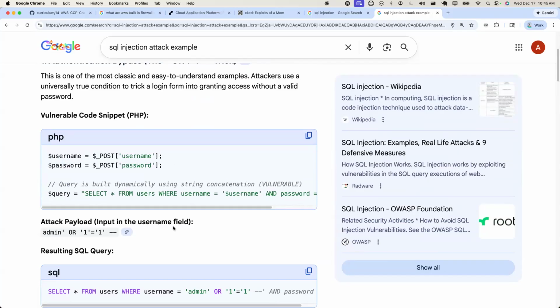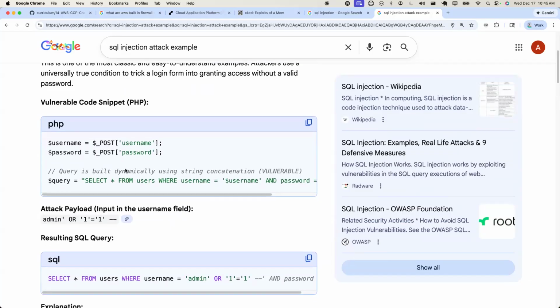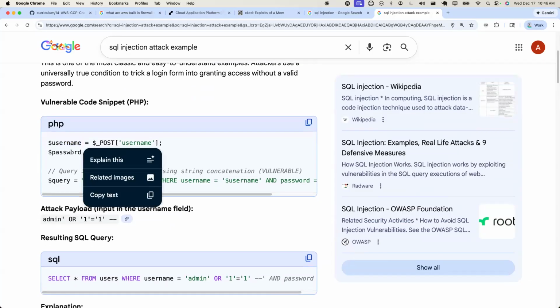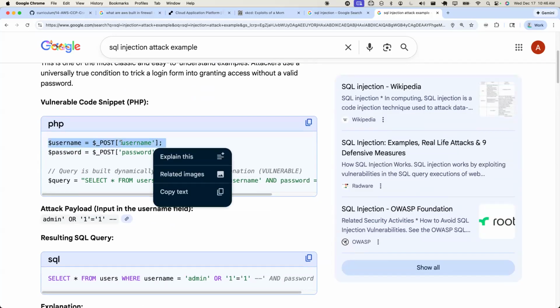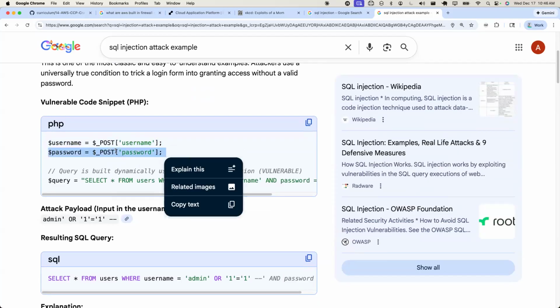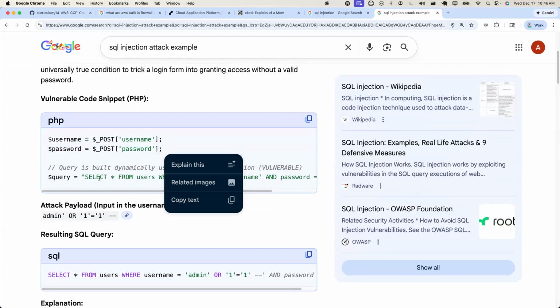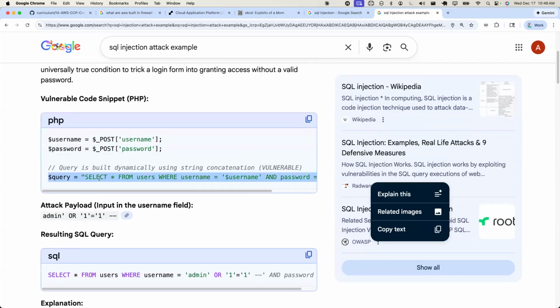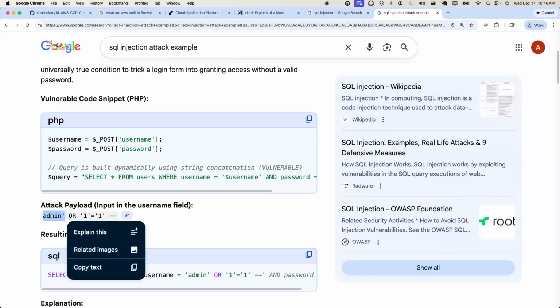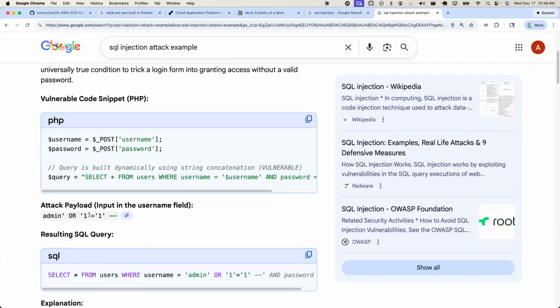So here's an example where we're grabbing the username and password from a form that we're sending in a post request. And we're not using Django models. We're manually constructing a query. And the attacker has set the username to admin.